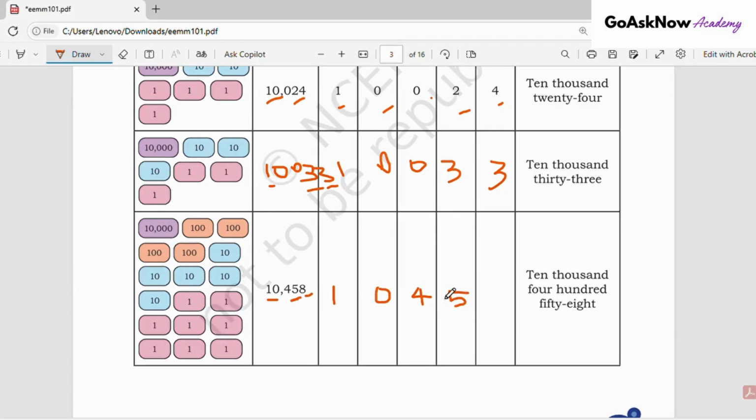And the ones value is 8. Which is 10,458. Let me remind you. From the right side, the first value is ones, the second value is tens, the third value is hundreds, the fourth value is thousands, and the fifth value is ten thousands.